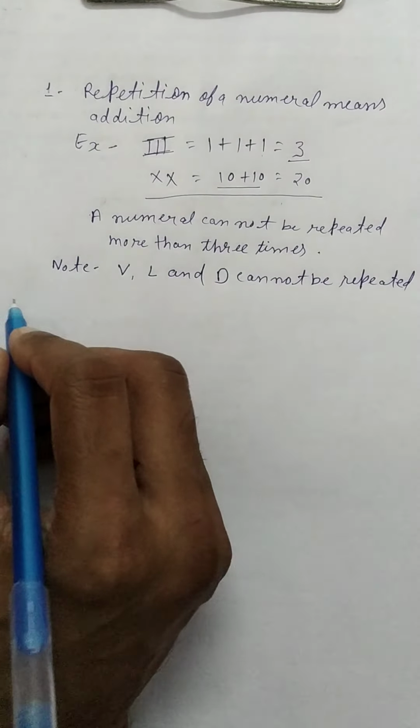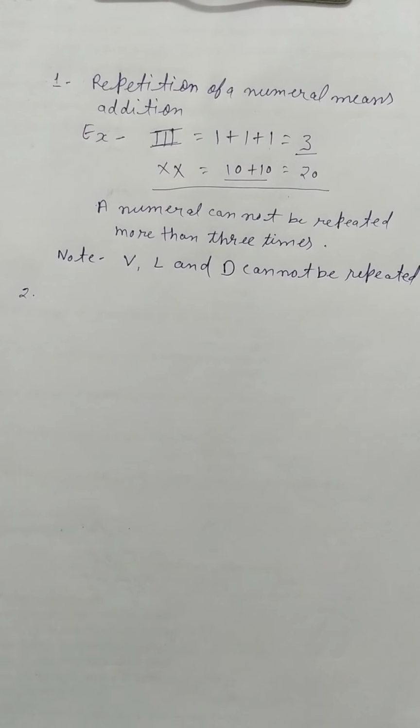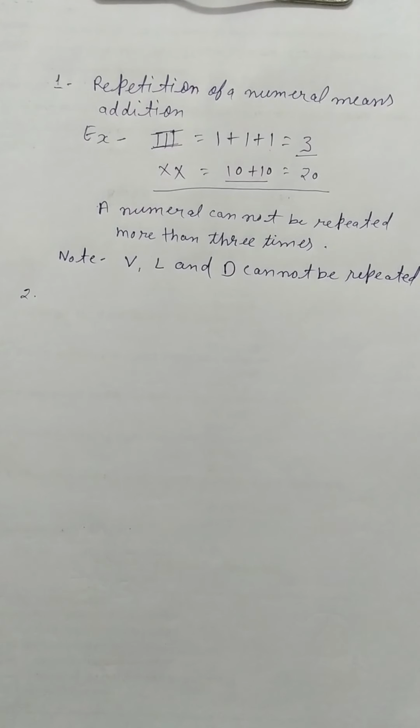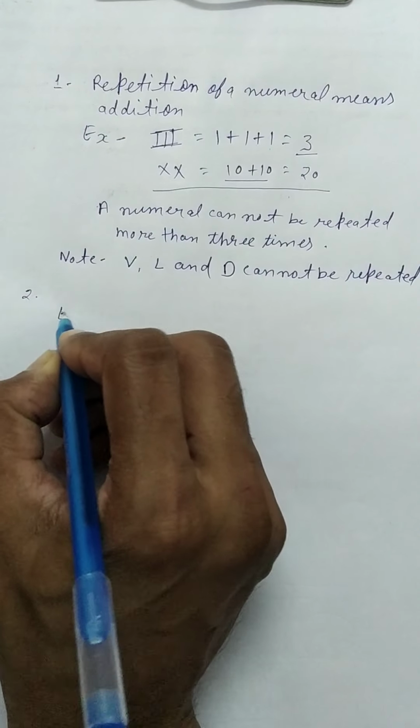Second rule is, if a symbol with a smaller value is written before a symbol having a greater value, then we subtract the value of the first symbol from the value of the second symbol.